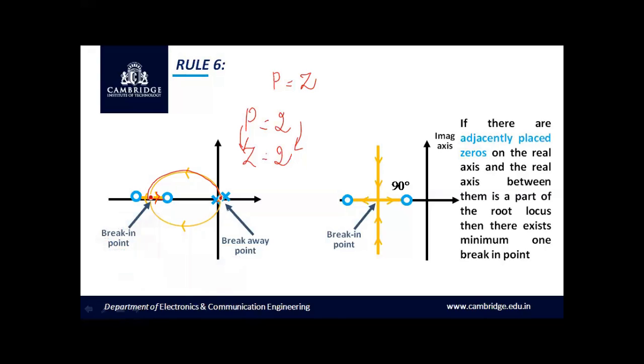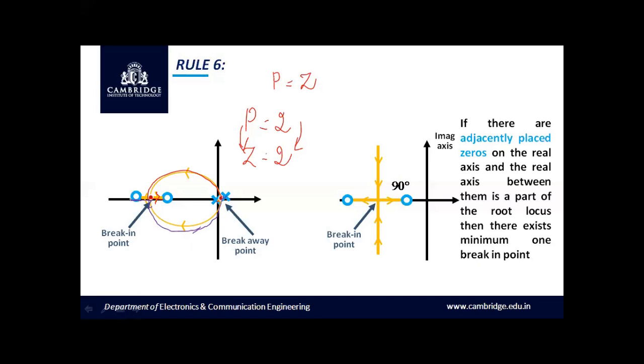And on the other side, the other pole at s is equal to 0, again with an increase in k, reaches the breakaway point at one particular value of k, the multiple pole crossing, and we call it breakaway. It has moved from the real axis into the complex plane, and it tries to move from the complex plane into the real axis, exactly at the break-in point, and reaches the other zero.